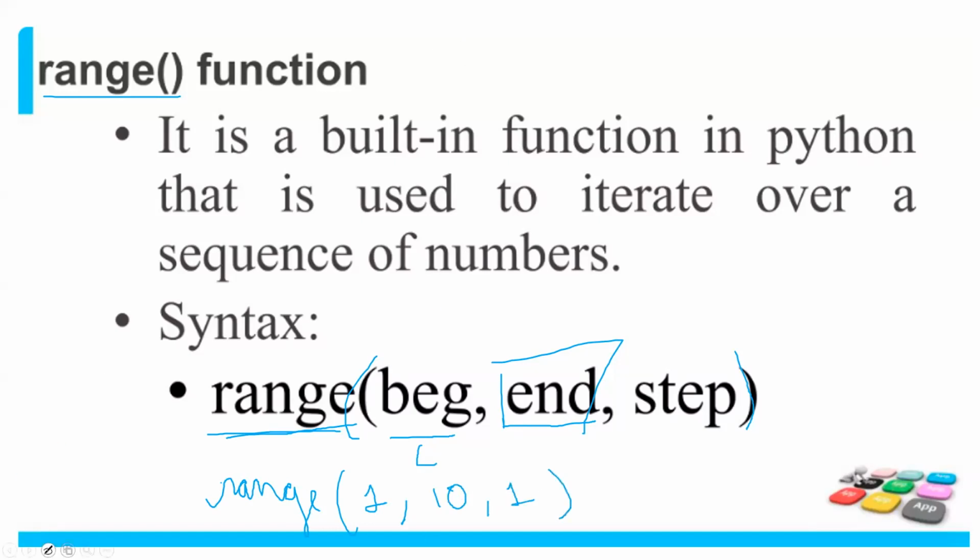It means that your looping will start from 1, but it will end at 9. Actually, the last value will not be included. This is the point of exclusion, so this will not be the end one. This is the end minus 1 value. Basically, this is end plus 1 value in the range.